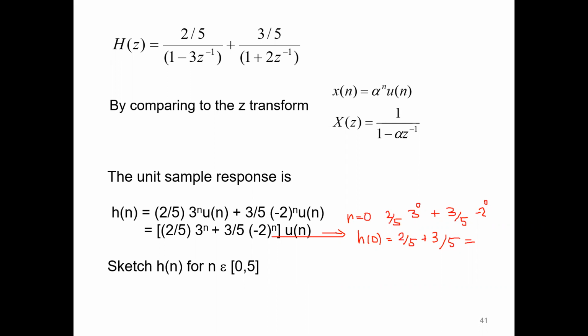What about the second sample? n equals 1. So h[1] is equal to 2 over 5 times 3 to the 1, times 3, plus 3 over 5 times minus 2.